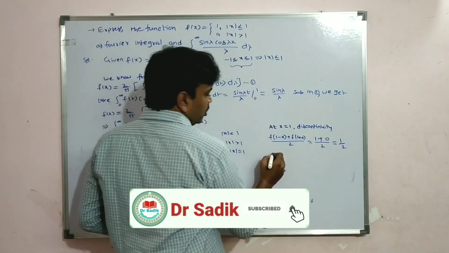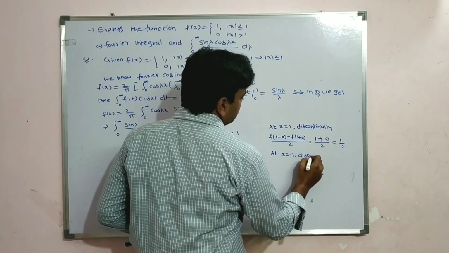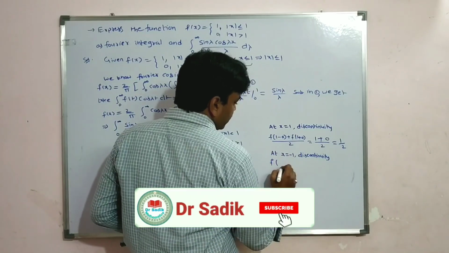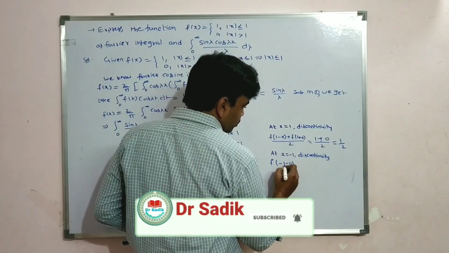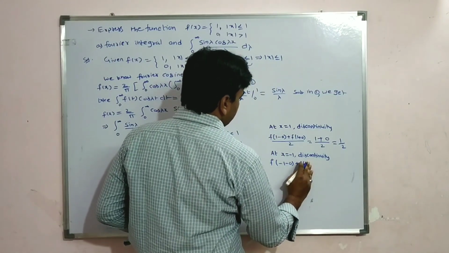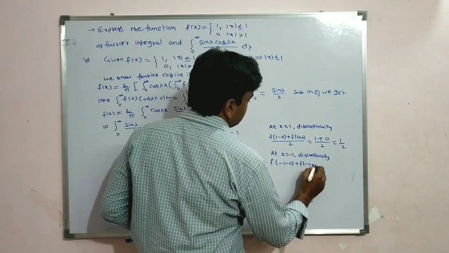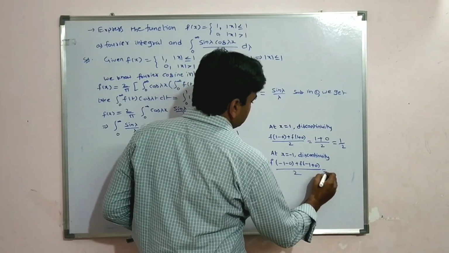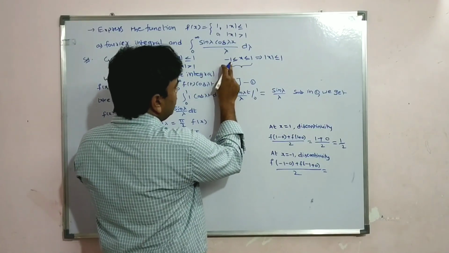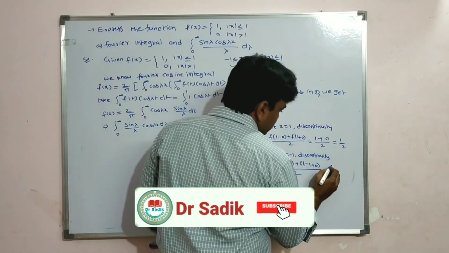Now at x equal to minus 1 also, there is a discontinuity, students. So this time, f of minus 1 minus 0 plus f of minus 1 plus 0, divided by 2. Minus 1 minus 0 means it doesn't lie between minus 1 to 1, so the value is 0.